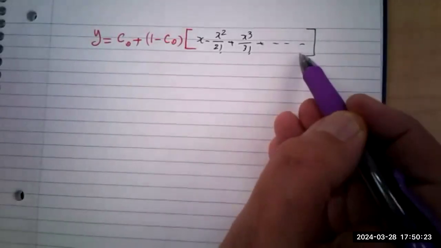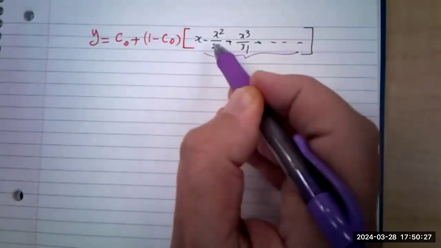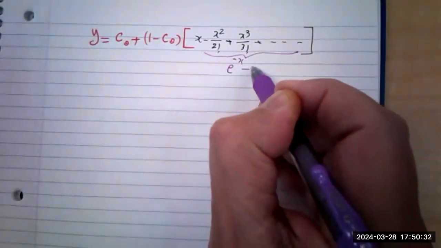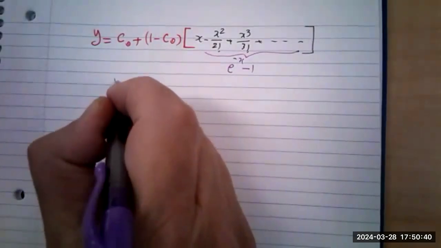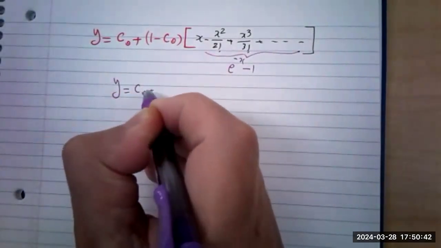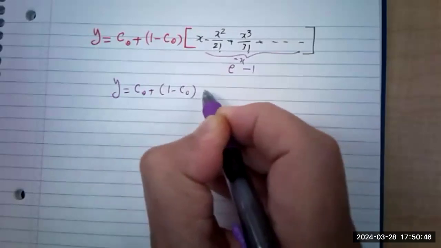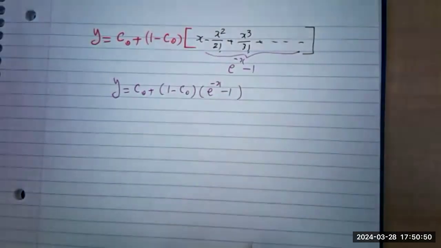So of course, it's going to be e to the negative x, because this is positive, negative, positive, negative. It's going to be e to the negative x minus 1, because you need a 1. You start with 1 plus x, etc. So y would be c naught plus 1 minus c naught times e to the negative x minus 1.